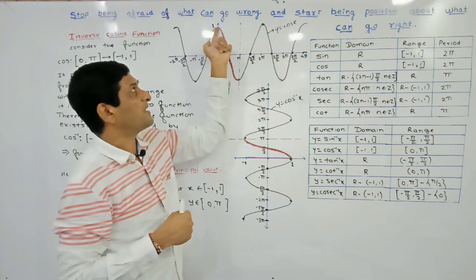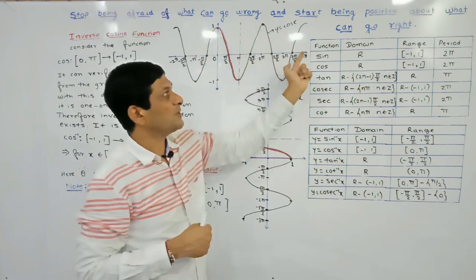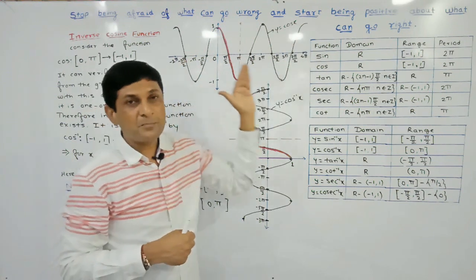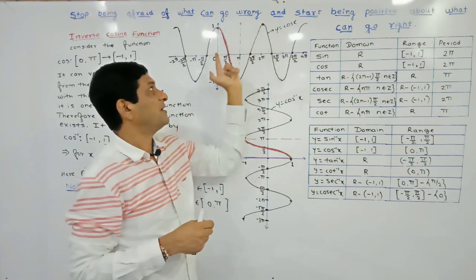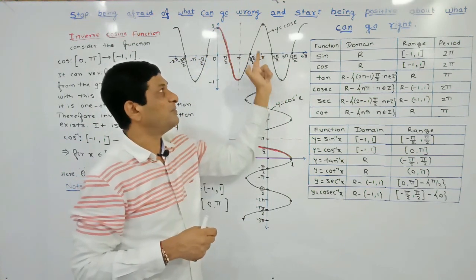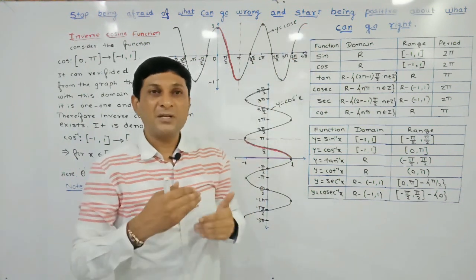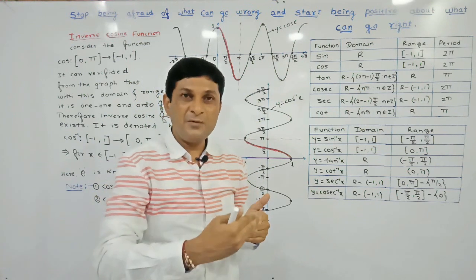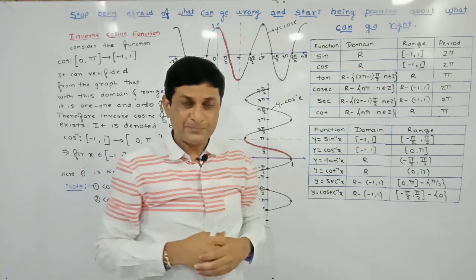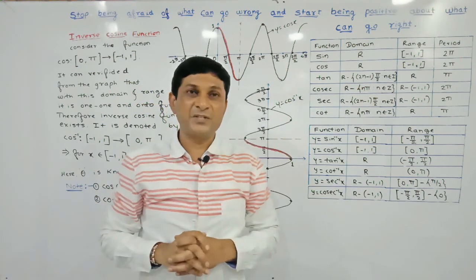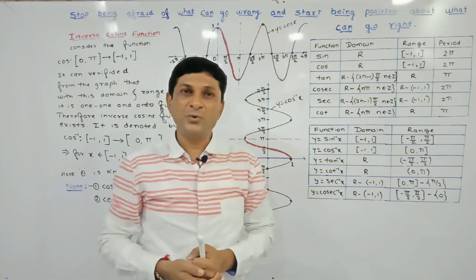Let us consider +1. +1 is the value at 0, again at 2 pi, again at 4 pi, which means at an infinite number of points the image will be +1. The image of 0 is +1, the image of 2 pi is +1, the image of 4 pi is +1, so +1 is the image of many numbers. That's why we can say that this function is a many-one function.